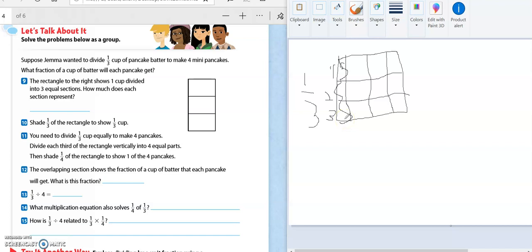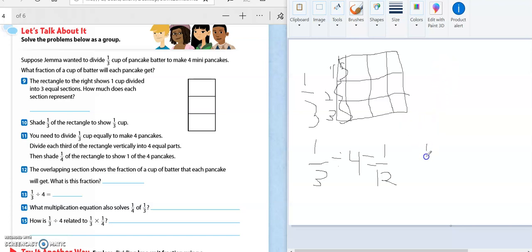Number 13, it says, what is 1/3 divided by 4? So 1/3 divided by 4, looking at the area model, equals 1/12. And then it says, what multiplication equation, this is number 14, also solves 1/4 of 1/3?